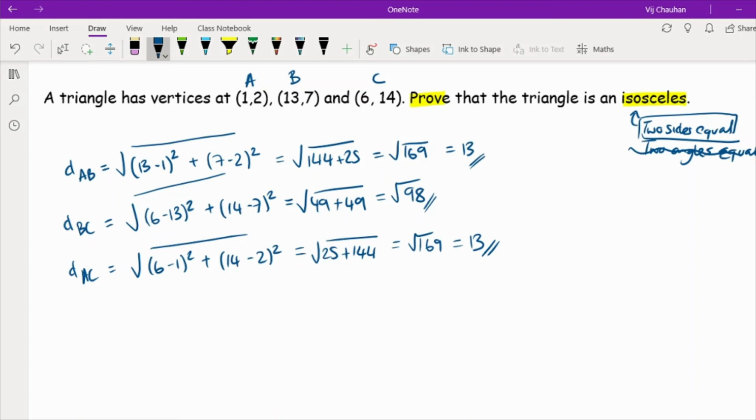So again, you could emphasize the fact that these 2 lengths are the same. You could say something along the lines of same, but that's being quite brief.